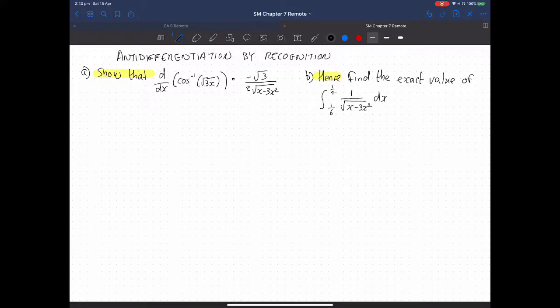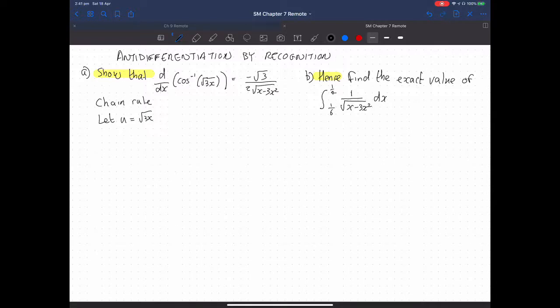So here we go. We're asked to differentiate the inverse cosine of the square root of 3x. So the way we're going to do this is we're going to use the chain rule. So we're going to let u equal the square root of 3x.